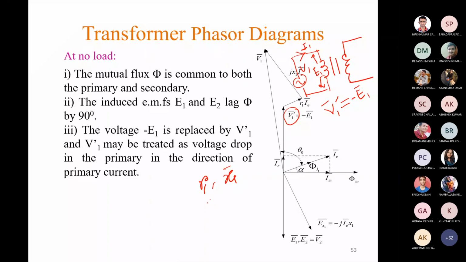So primary leakage impedance is Z1, which is R1 plus jX1. When V1 is applied across this primary winding, you have to subtract this impedance drop, that means V1 minus I1 into Z1, then you will get some voltage. This voltage is V1 dash, and this V1 dash is equal and opposite to E1.